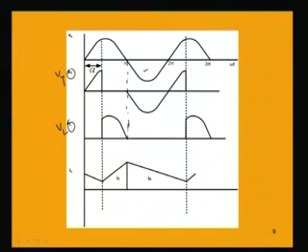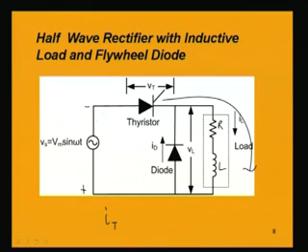So, we will be having a current which is rising and falling like this. The rising means it is because the thyristor is conducting.